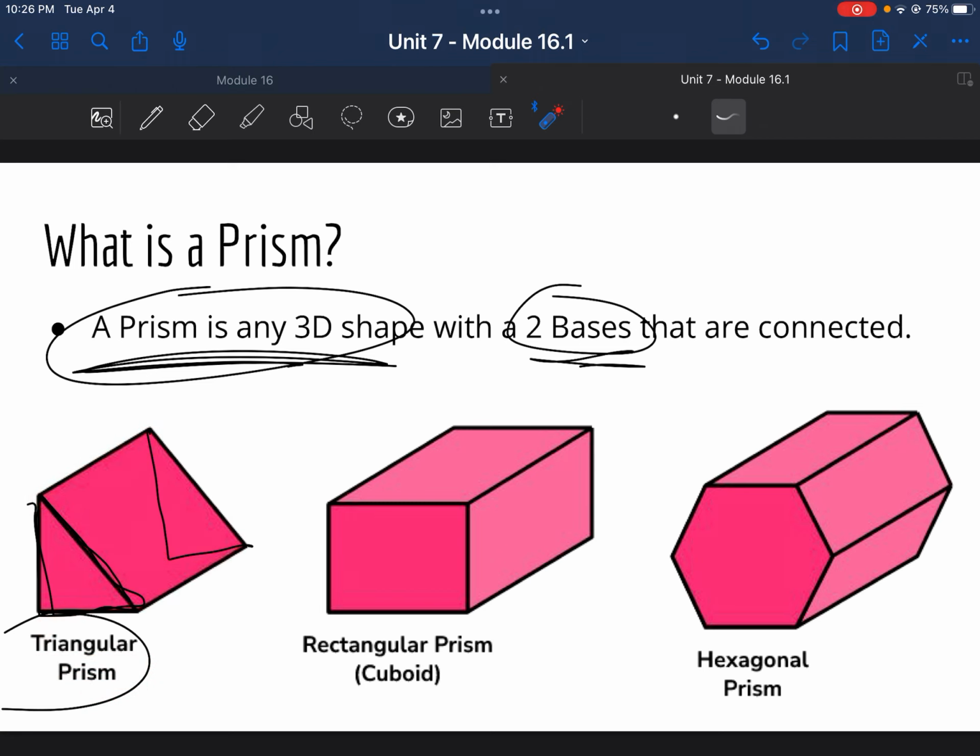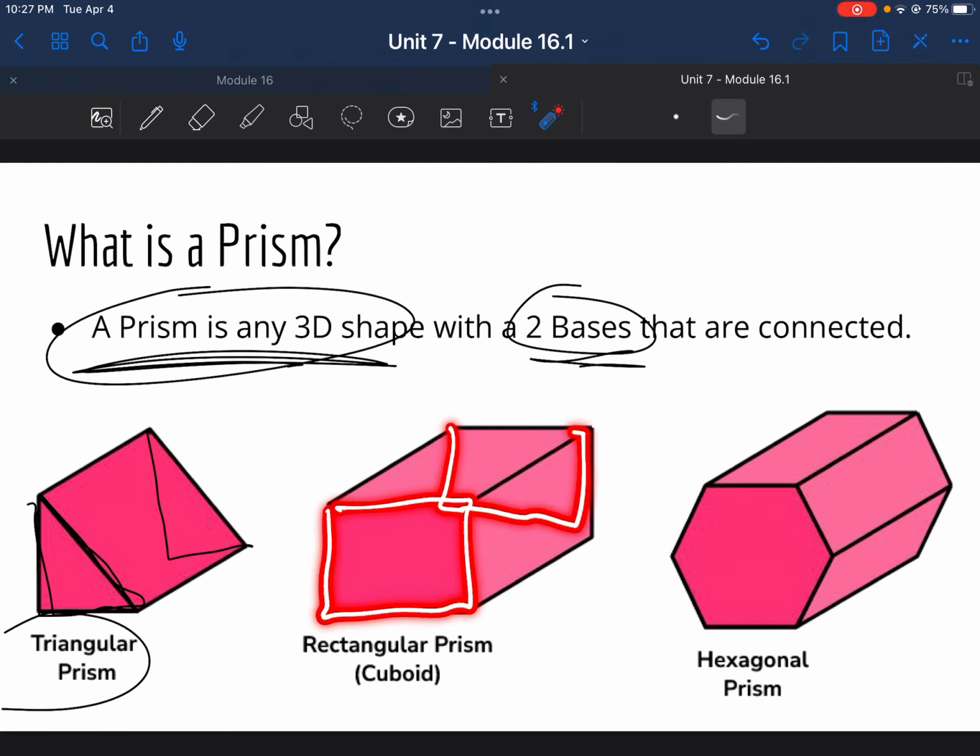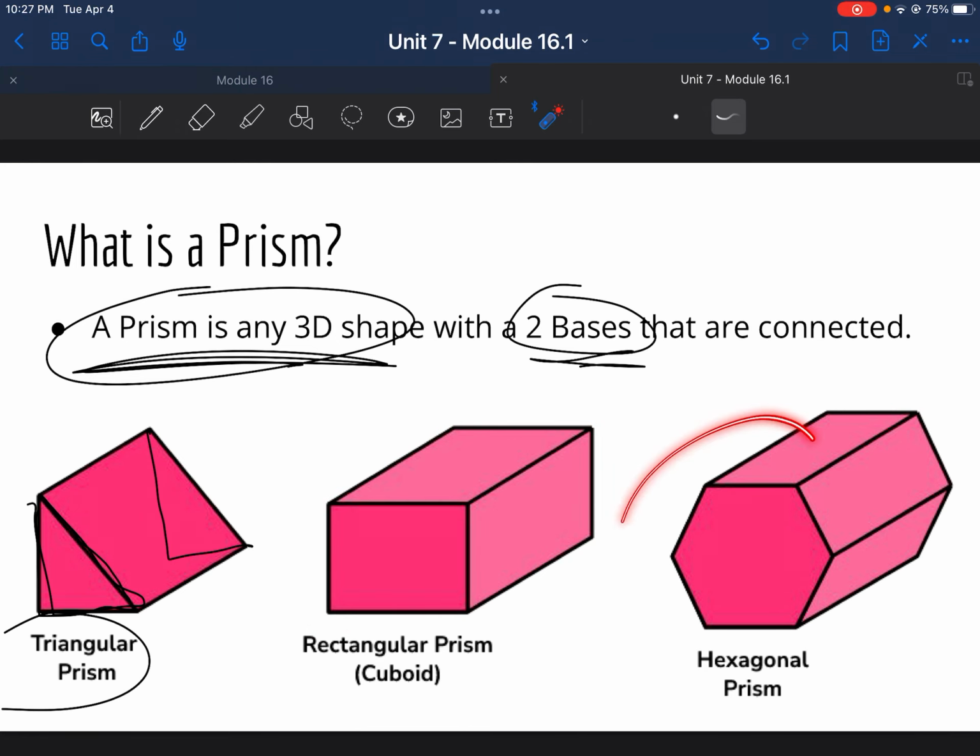And both of these triangles are connected by vertices. This rectangular prism is a rectangular prism because it has two rectangular bases that are connected at the vertices. This hexagonal prism, guess what? It's a hexagonal prism because we have two hexagons that are connected at the vertices.